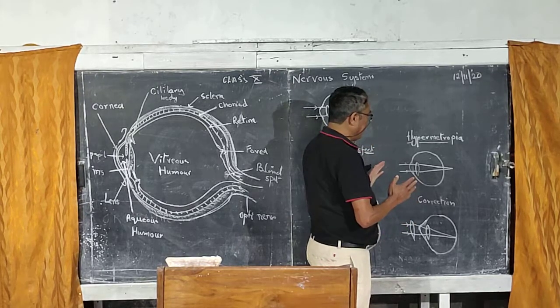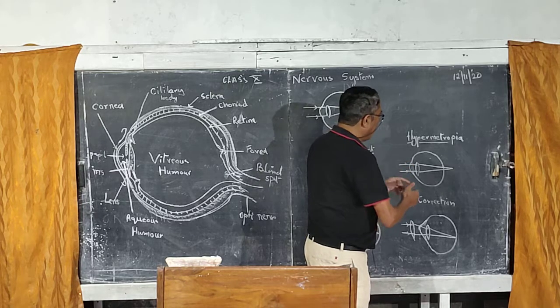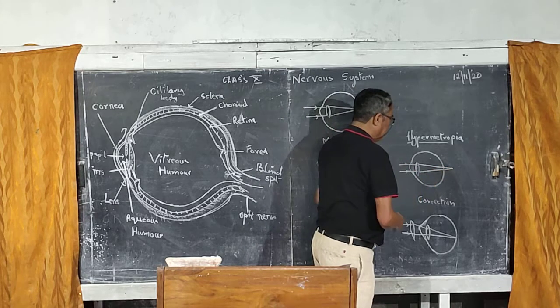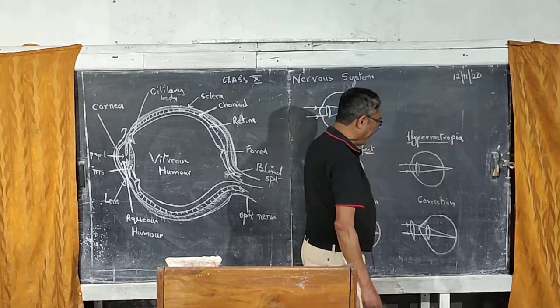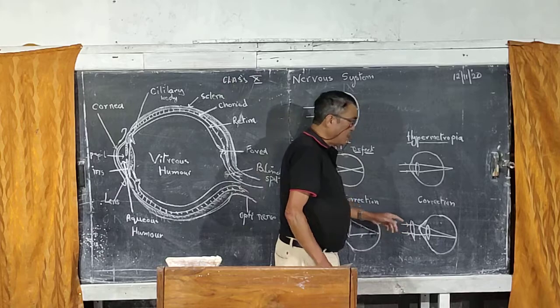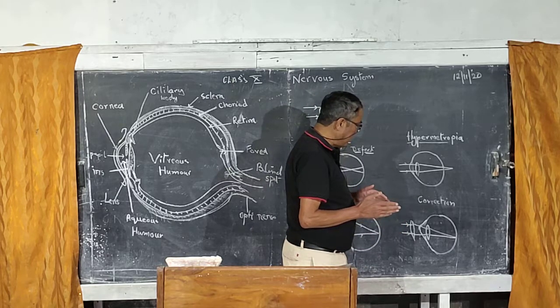Now the defect: the lens becomes permanently thin and the eyeball becomes shorter. Now how to correct this defect? By using a convex lens. A convex lens helps to converge the rays of light.